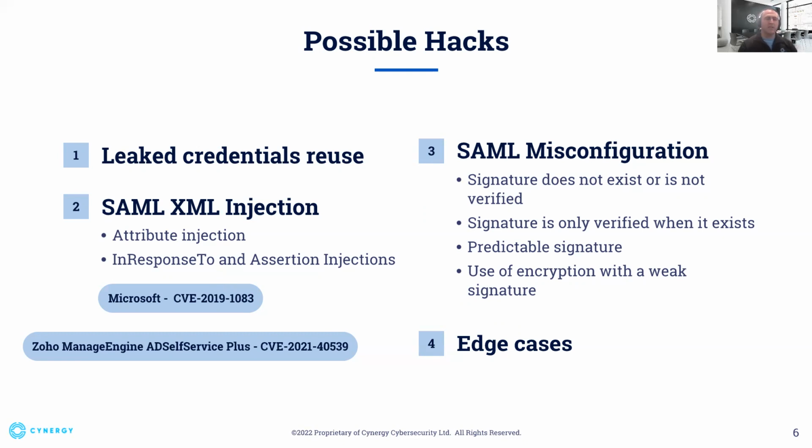The first one is called an attribute injection, where as part of the XML attributes, you can inject a specific request and response that will try to put you in a different context. So if you're trying to authenticate as a low privilege user, maybe you can change your context to a higher privilege or administrative user.